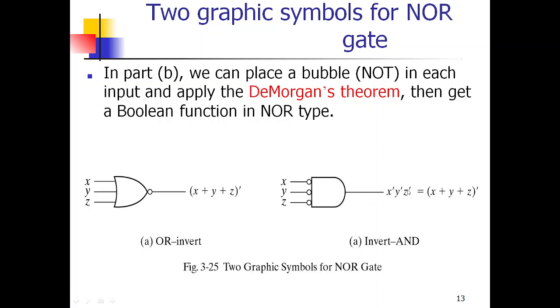As these are given as input to the AND gate, it is represented as a dot, the product term X dash Y dash Z dash. By applying De Morgan's theorem, we can convert this expression to X plus Y plus Z, the whole dash. This is the normal expression of the NOR gate. So this expression and that expression are equivalent, which means the two symbols are equivalent. AND invert is equivalent to the invert AND symbol.